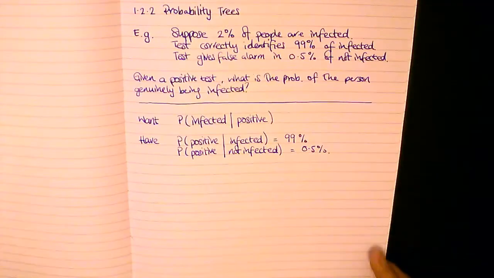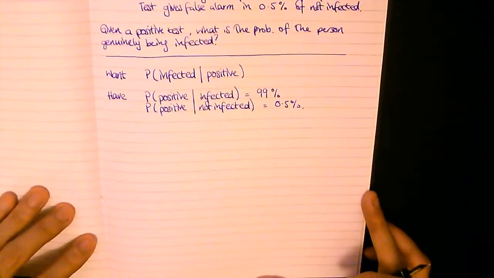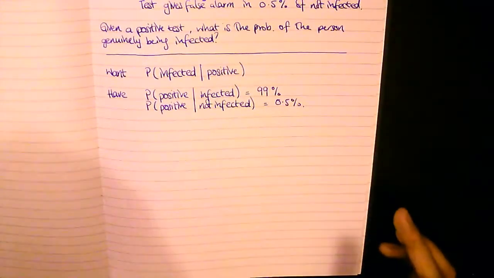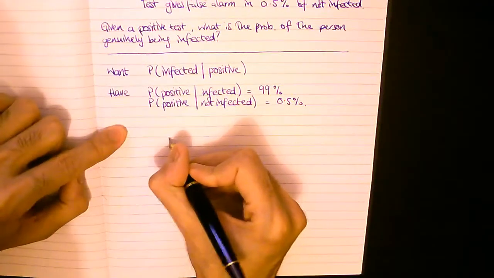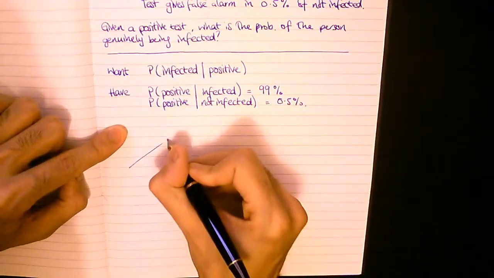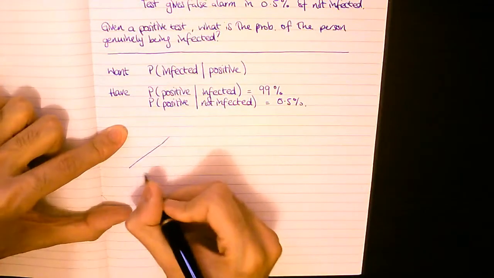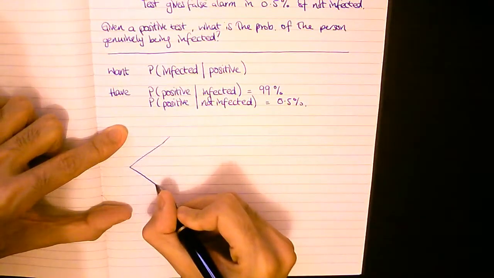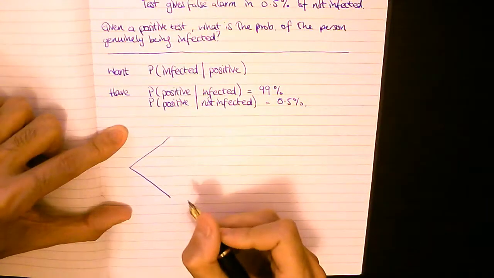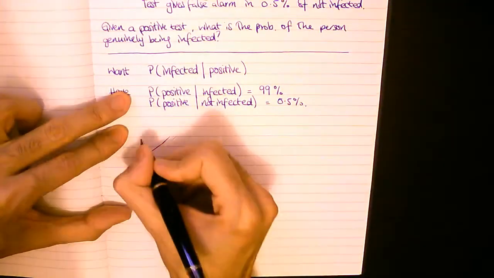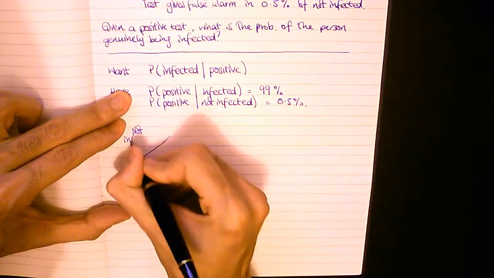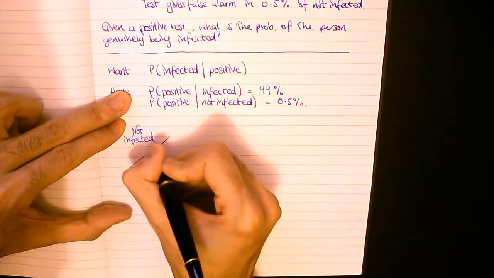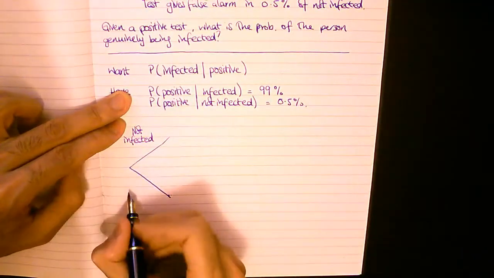Okay, so we can draw a quick probability tree for this situation. We're going to have something like the following. We have the probability of not infected, and down here we have the probability of being infected.